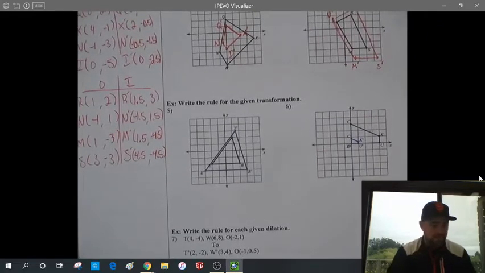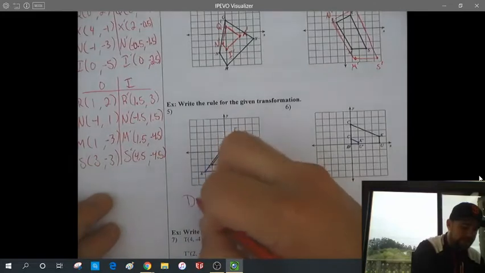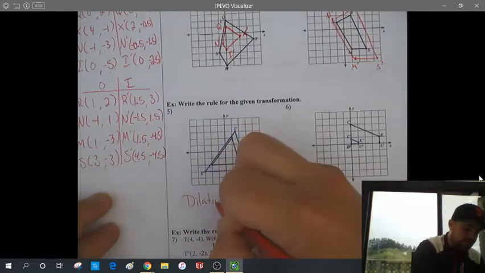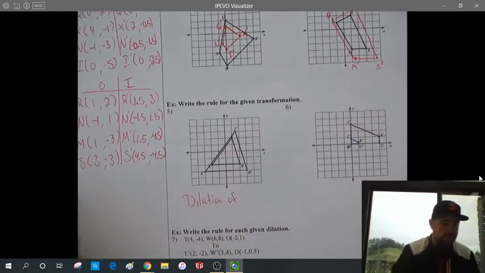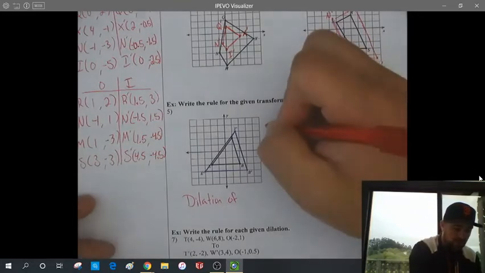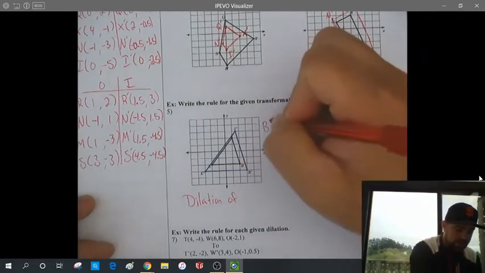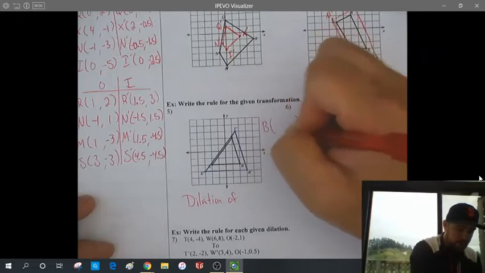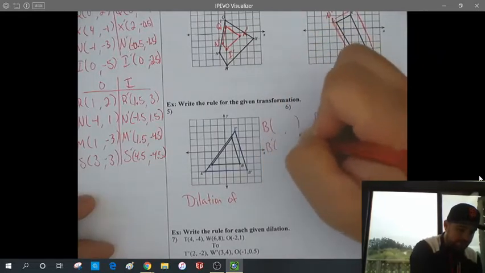Okay, next up, writing the rule. So for dilations, we're always going to say dilation of. And now it's our job to figure out what the scale factor was. There's a couple different ways we can figure out the scale factor. I can look at object and image coordinates. So if I look at B here and compare that to B prime.